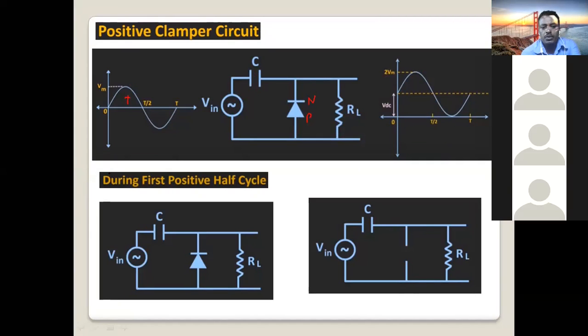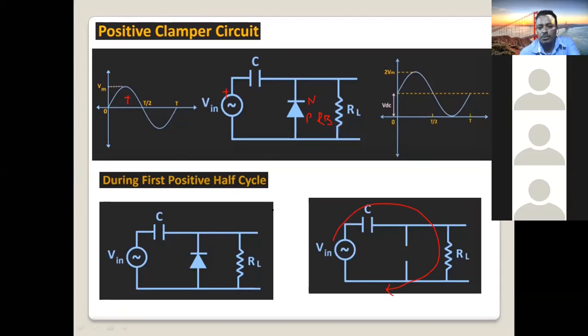In the first positive half cycle, what will happen to the diode? When this is positive, connected to the N side, the diode will be reverse biased, right? Reverse biased, it is off. We are considering an ideal diode. Now the capacitor charges through this path, through the resistor from the source.